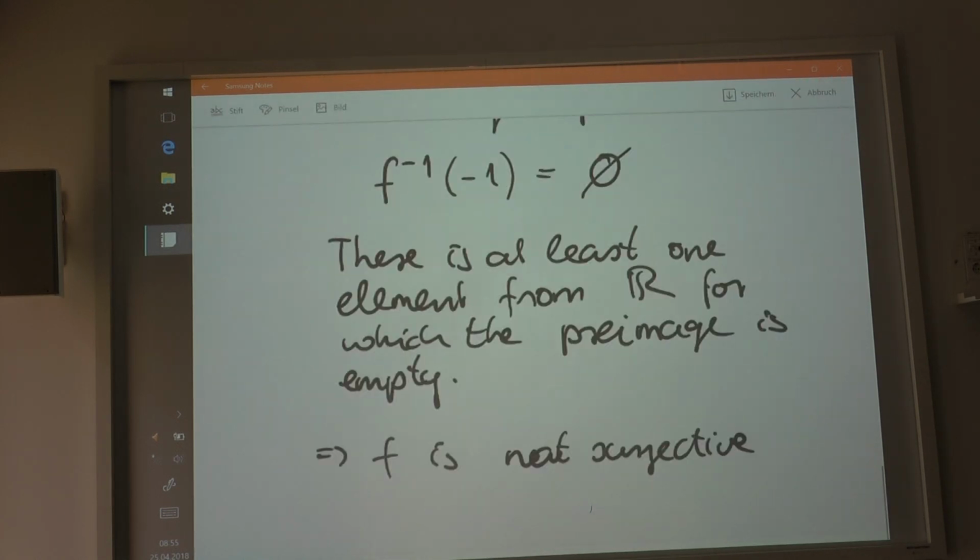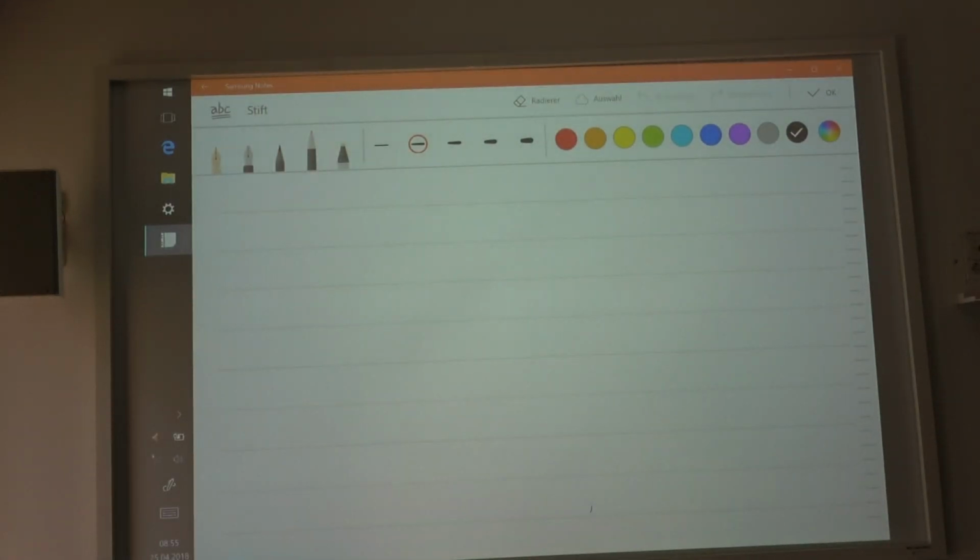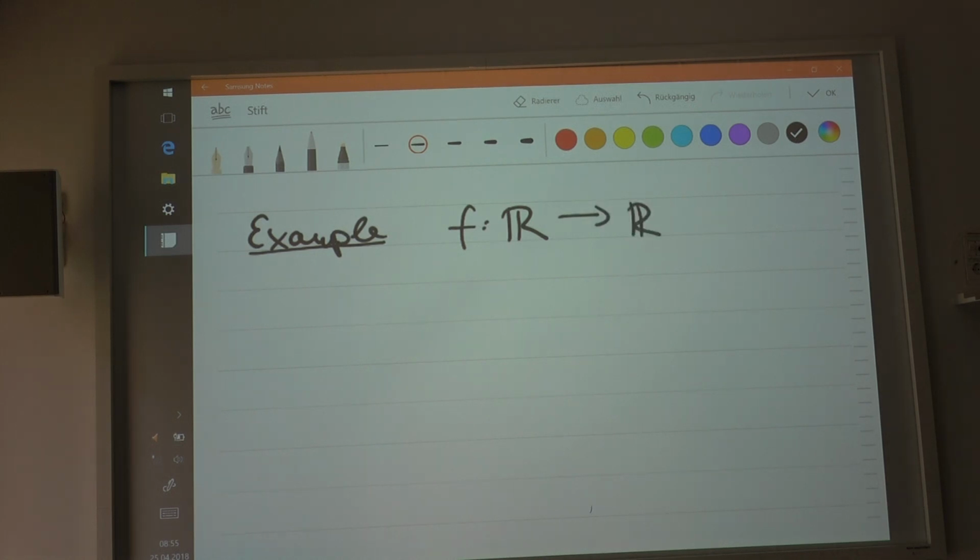So I'm going to save this, and I'm just going to pick up the example that you were mentioning. Suppose we define a function from R to the set of positive real numbers, positive real numbers including 0.